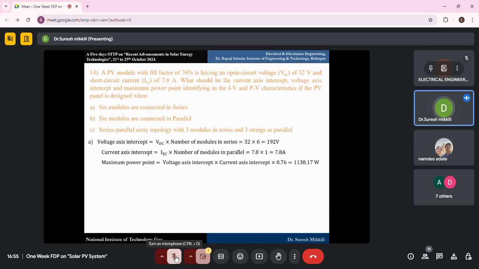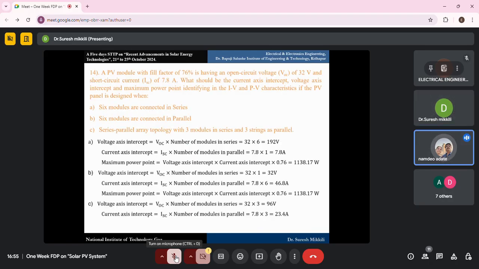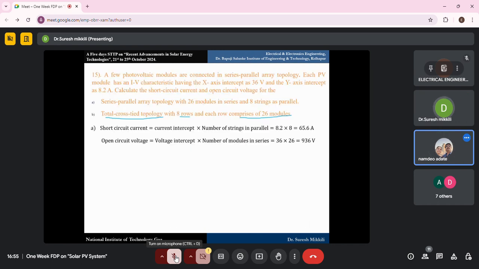That's why TCT is given. I think next problem. Can you tell me this one? In the TCT, 8 rows are there. Now current will be how much? Sorry, voltage will be how much? 36. 288, sir, voltage. Okay, current, sir?